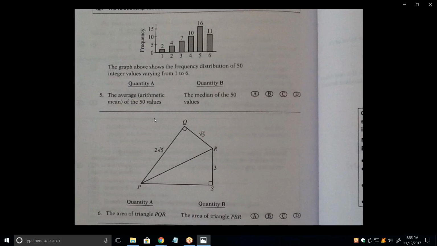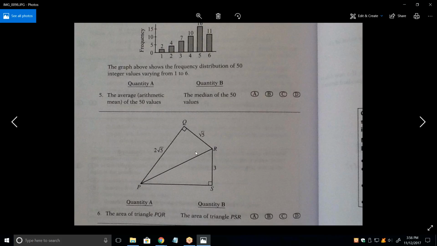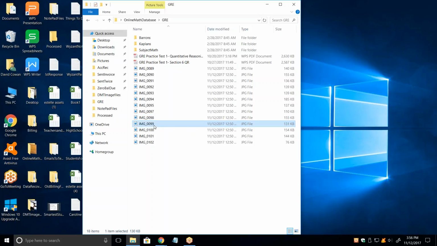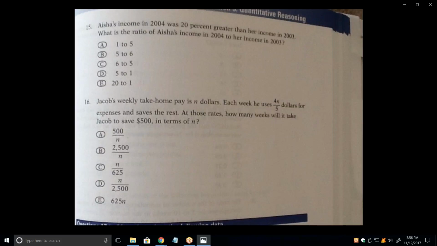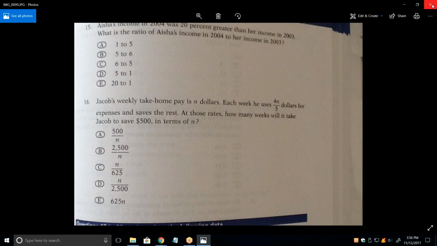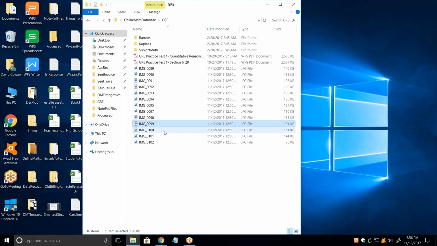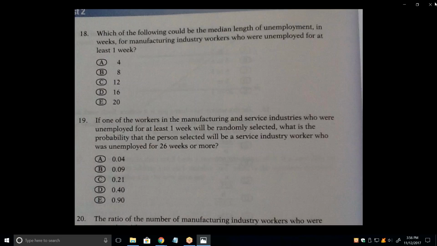Let me just go through these real quick. We did that one. So we did 5 and we did 6. And there's 15. That's what we're looking for next. So 99 is where we want to go next, unless we can find problem 10.